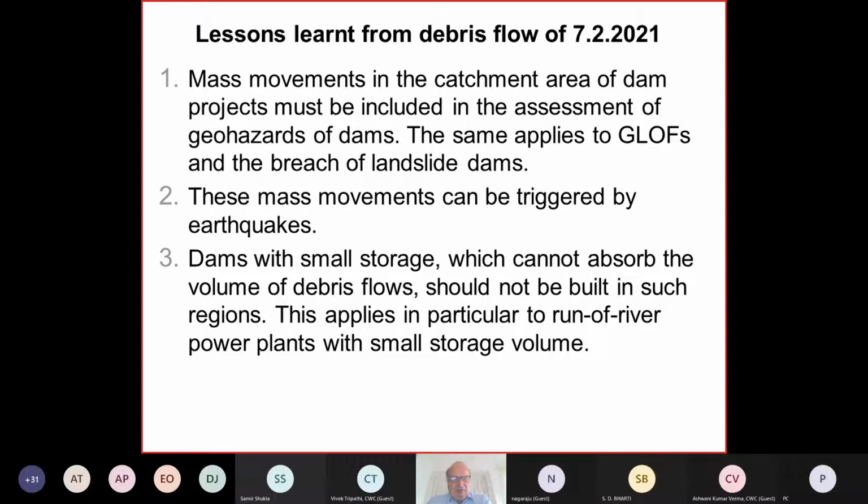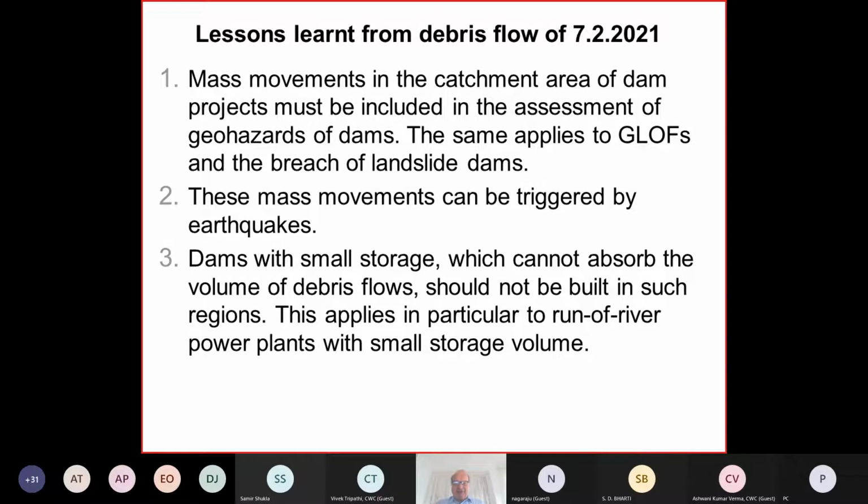And one of these typical triggers would be earthquakes. So therefore, if a strong earthquake occurs, there is a great likelihood that in such areas you have many rock falls.